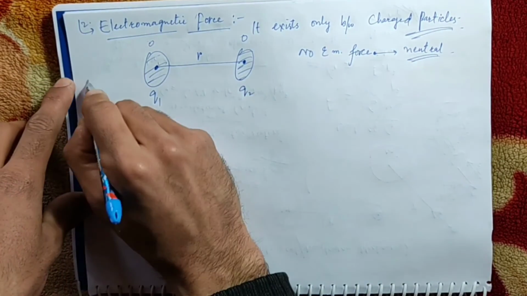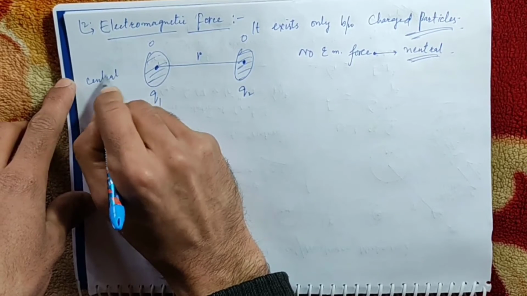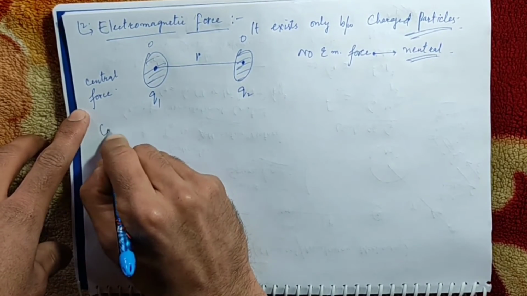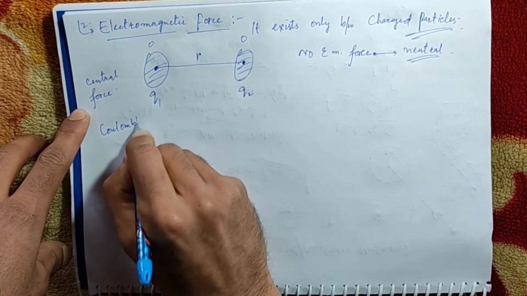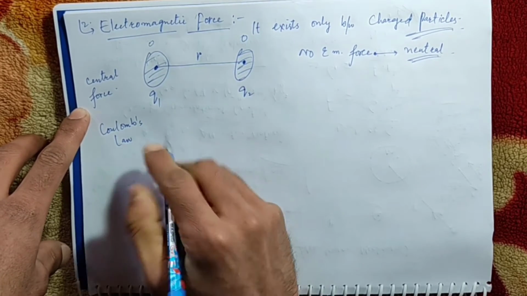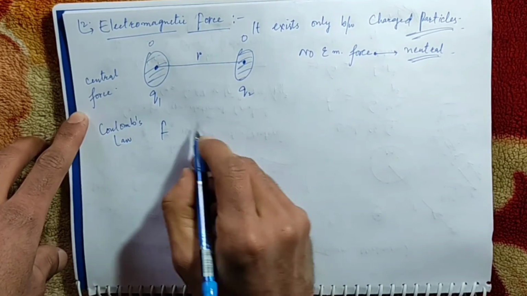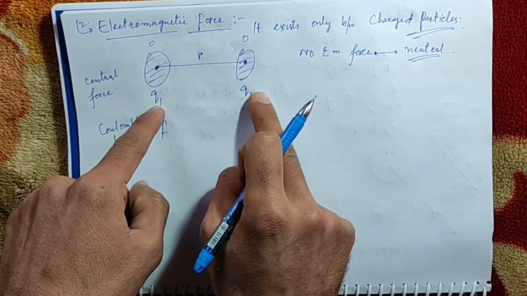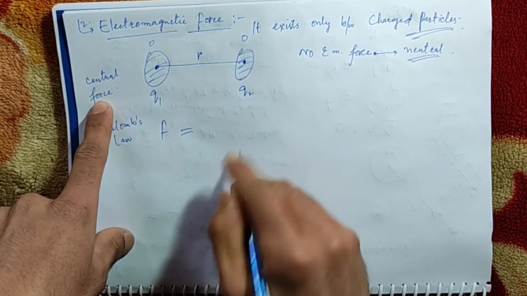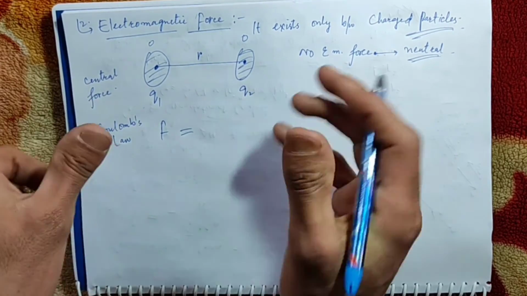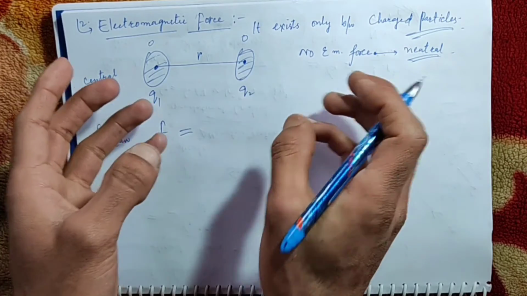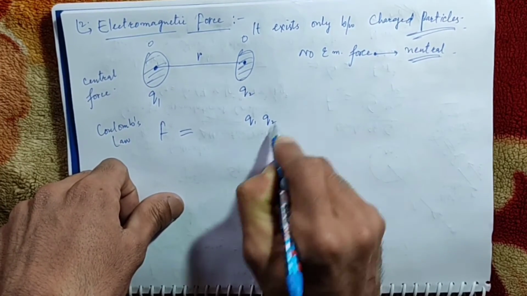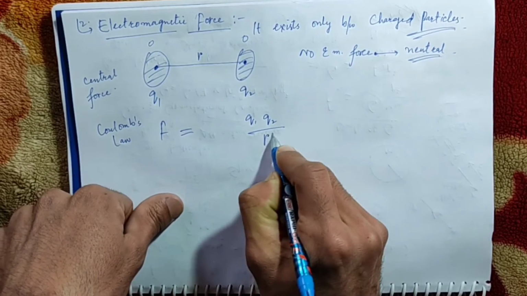So this is also a central force in nature, and the force is given by Coulomb's law, which states that the force between two charged particles, Q1 and Q2, is, similar to gravity where there were two masses, Q1 multiplied by Q2 divided by R square.